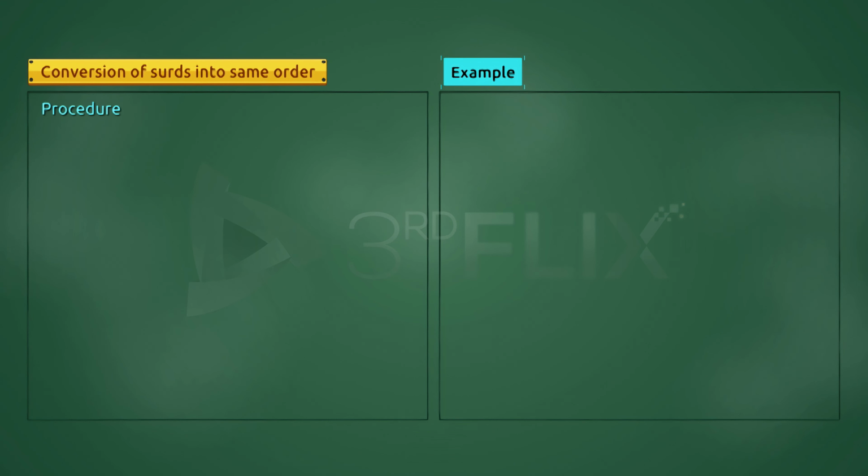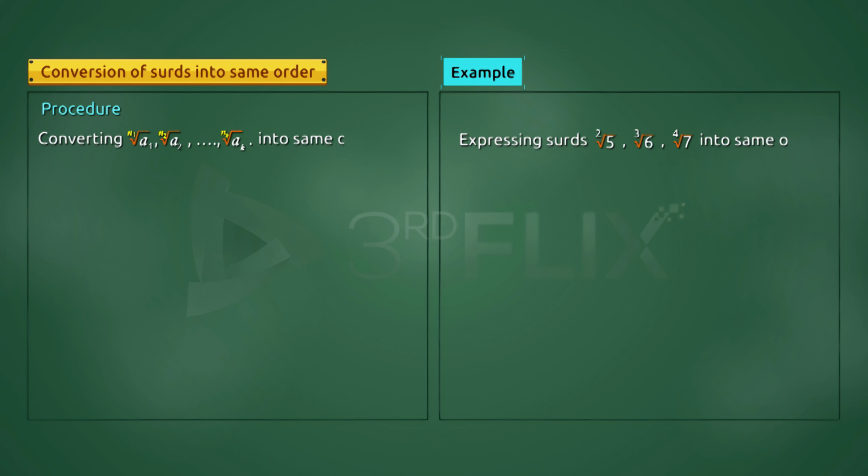Conversion of surds into same order. Procedure. 1. Let the given surds be n1th root of A1, n2th root of A2, and so on, nkth root of Ak. 2.